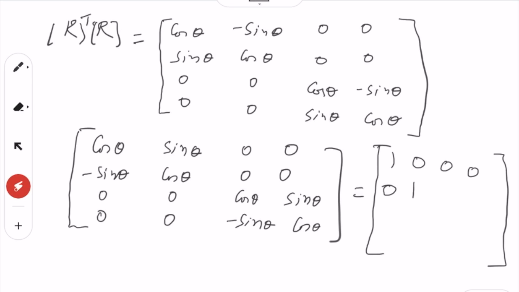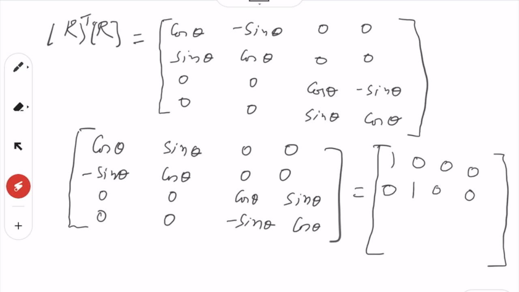So we can see here number 2 and number 3: 0 plus 0 plus 0 plus 0, so we have 0. And similarly number 2 here, number 4: 0, 0, 0, 0. So all zeros, and so on.